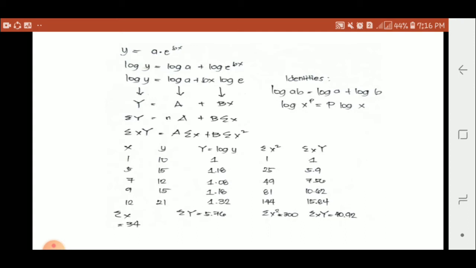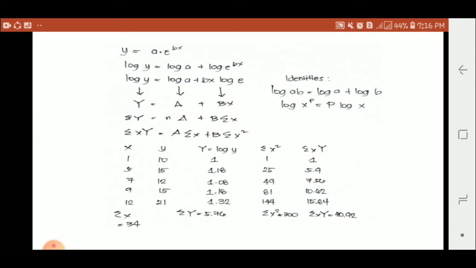So 1 times 1 equals 1, 5 times 1.18 equals 5.9, 7 times 1.08 equals 7.56, 9 times 1.18 equals 10.62, and 12 times 1.32 equals 15.84.